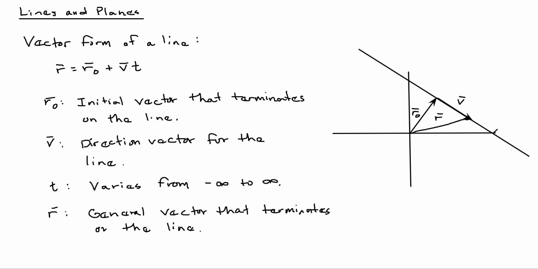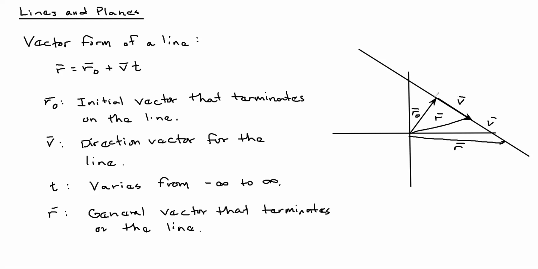And if we had 2v, we would end up getting this vector here. If we took r naught and added v twice, we would end up here. And then the sum of those, r naught plus 2v, would generate this r vector here.